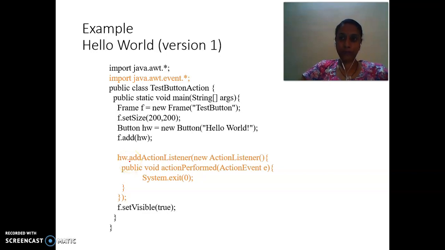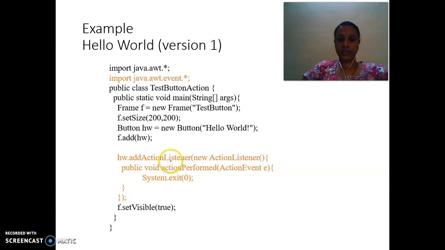So step 1, you should add an action listener. This is a method, so the a should be small letter, then addActionListener, A and L are capitals. I repeat again, HW is my event source or the component, and on this component you call addActionListener, that means add, capital A action, L for listener.